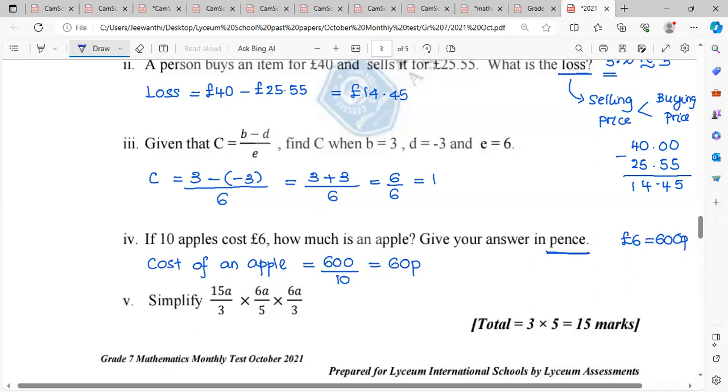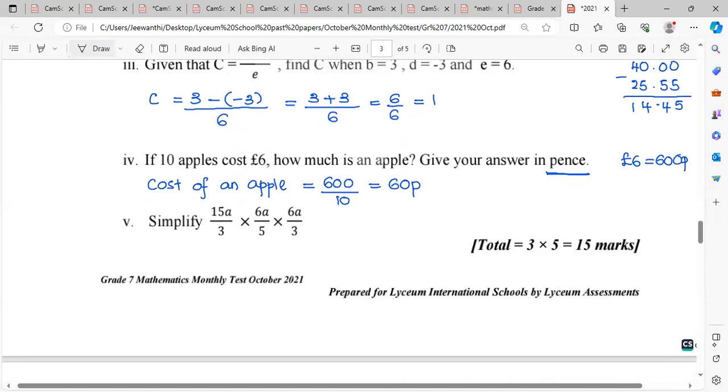Then the next one that you have, if needed, you can expand this. It is easier for you to do the simplification. 15 times A divided by 3, and 6 times A divided by 5, and 6 times A divided by 3. Here, 5 times 1, 5 times 3. Look at this carefully.